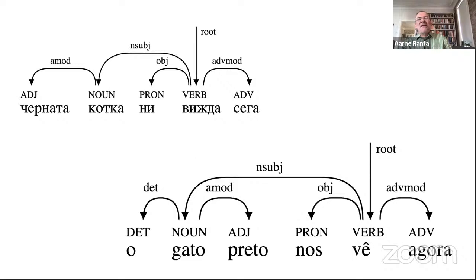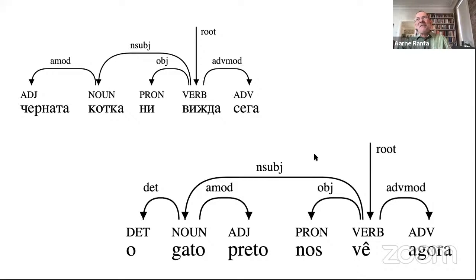So one thing which is the ambition of UD is that the same tags, these dependency labels, are used for all languages. I mean, all of these over 100 languages. So they have more or less the same labels.